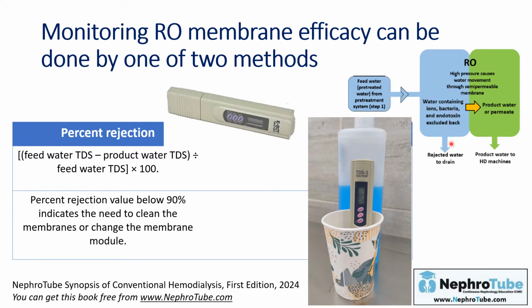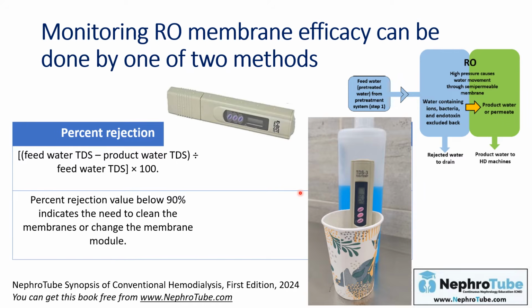So the amount of rejected water is very large. It must be more than 90%. If the rejection is less than 90%, the membrane must be cleaned or changed.